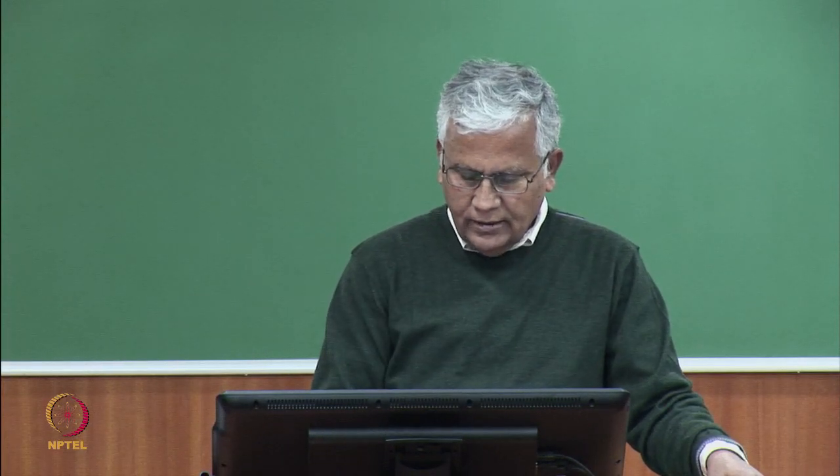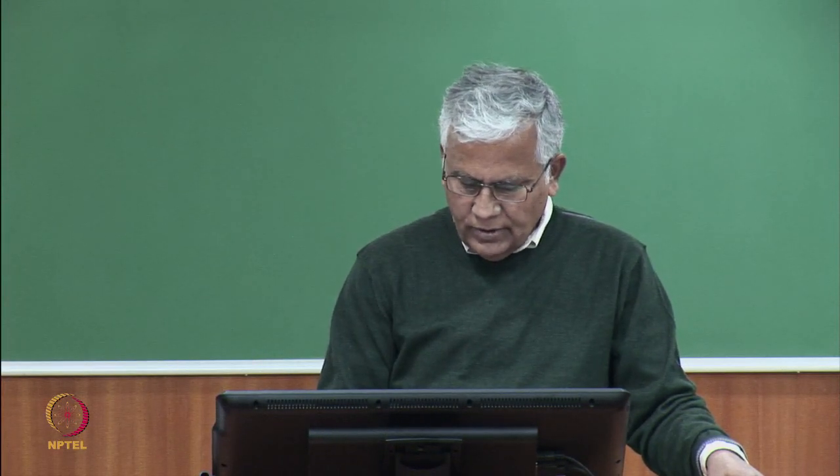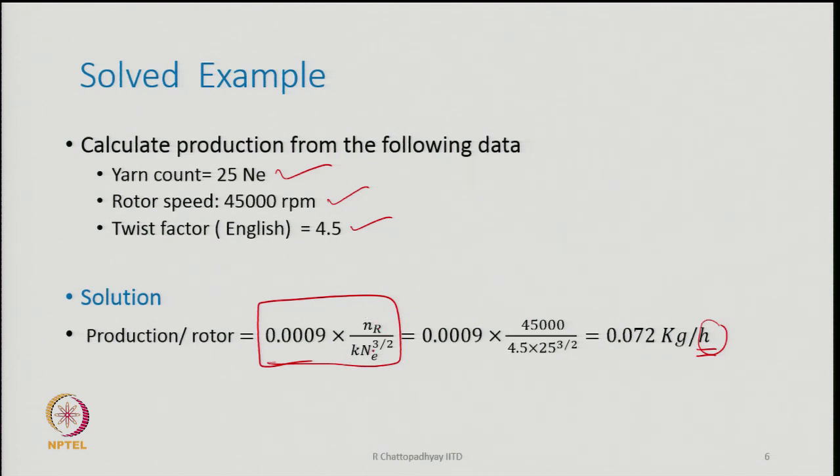Now, in this case we are directly using the formula that we have developed, and in that formula the parameters are three: speed of the rotor, the twist factor and the count of yarn. These three are given in the example. We simply substitute, and we get this figure: 0.072 kg per hour.